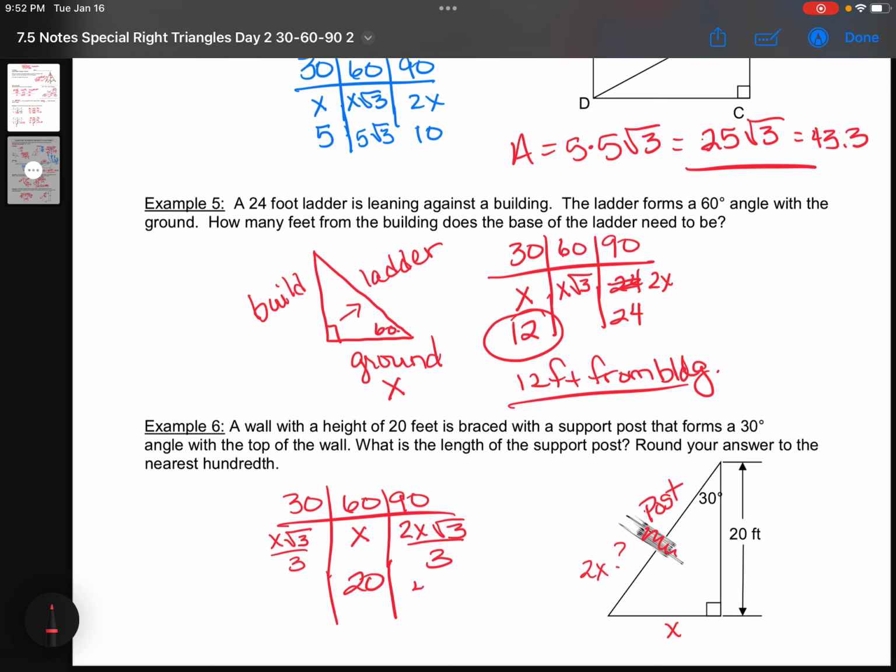So the post is 40 square root 3 over 3, which is equal to, since it told me to round, 23, it says round to the nearest hundredths. Feet.